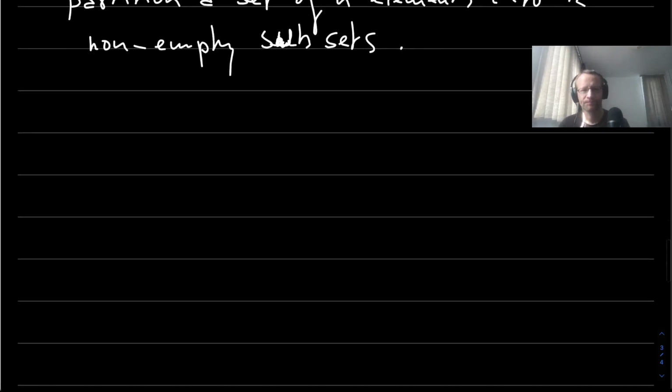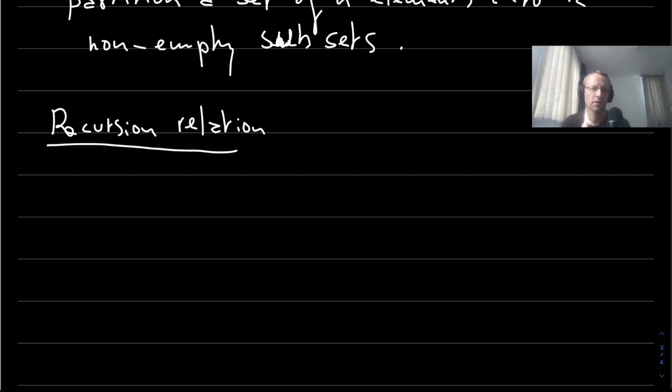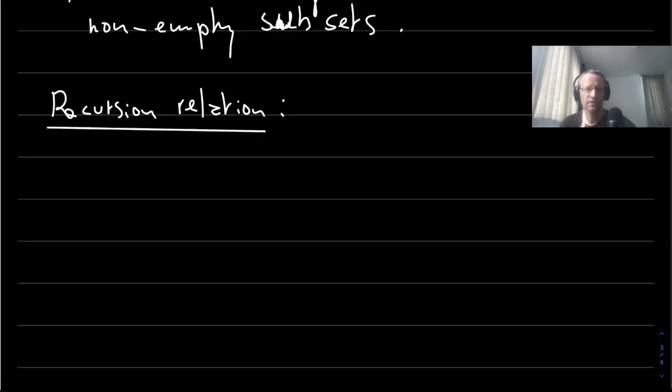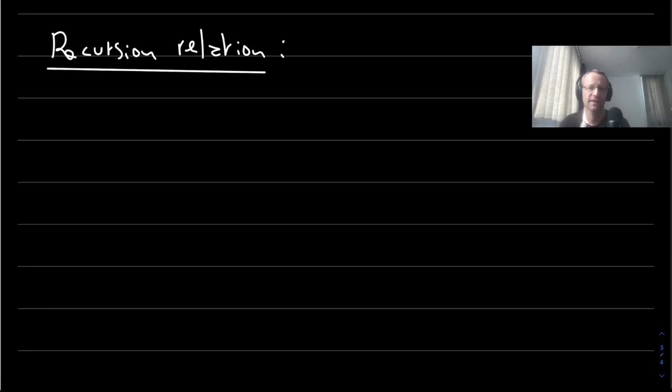So let's see. Again, we will prove that these numbers satisfy a recursion relation, which we'll prove in two ways using our two definitions, thus suggesting that these definitions are the same.